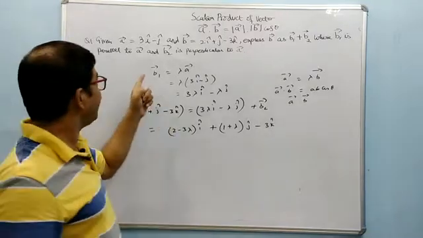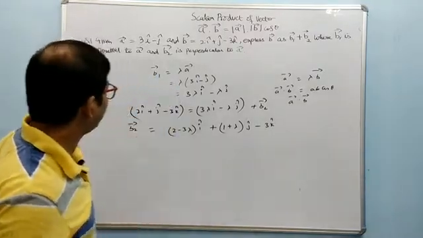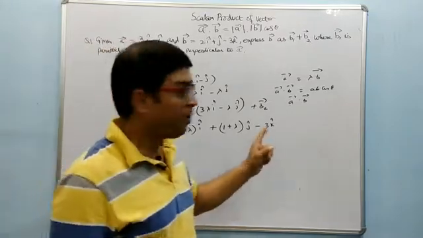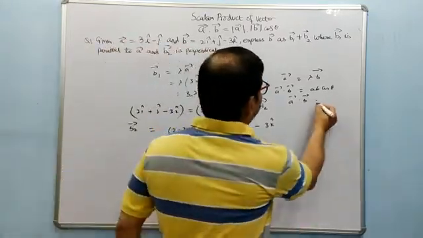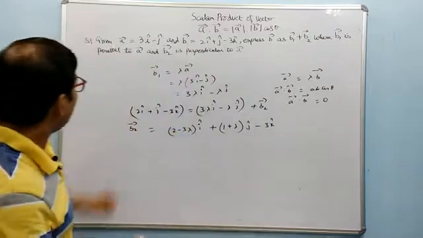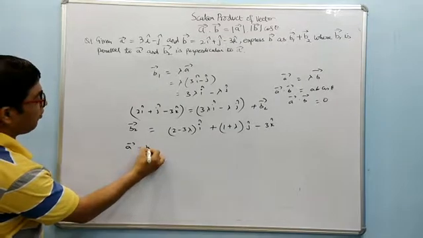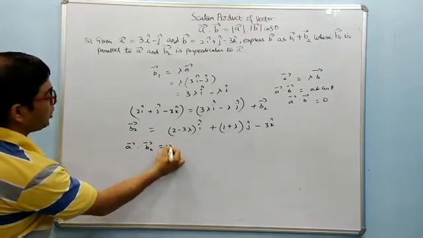Now it is given that B2 is perpendicular to vector A, and we know that if two vectors are perpendicular, their dot product is 0. So vector A dot vector B2 is equal to 0.